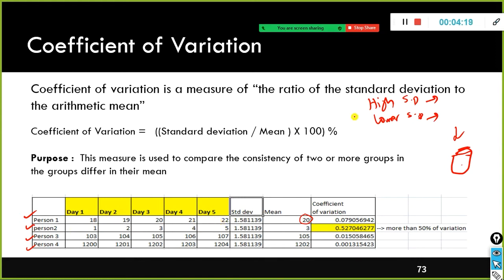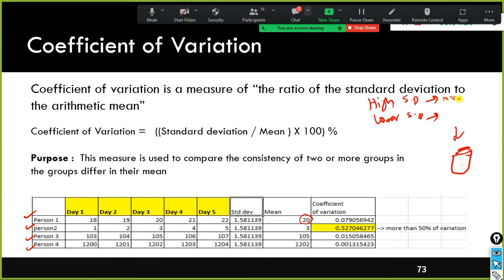Higher standard deviation represents higher volatility, more inconsistency, or higher variability. The spread is very wide. Lower standard deviation means lesser inconsistency; the data is consistent.